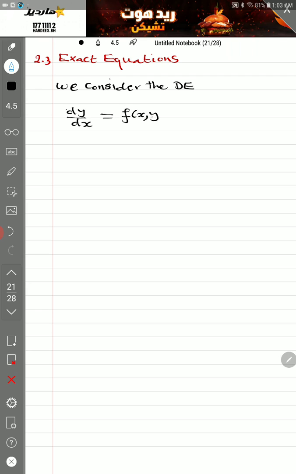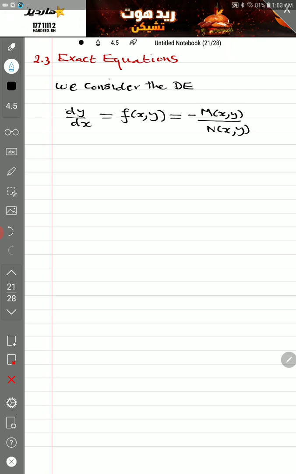This is what we did in the previous section, but this time we shall put this equal to minus m of xy divided by n of xy. So we shall use another form for the exact equation.